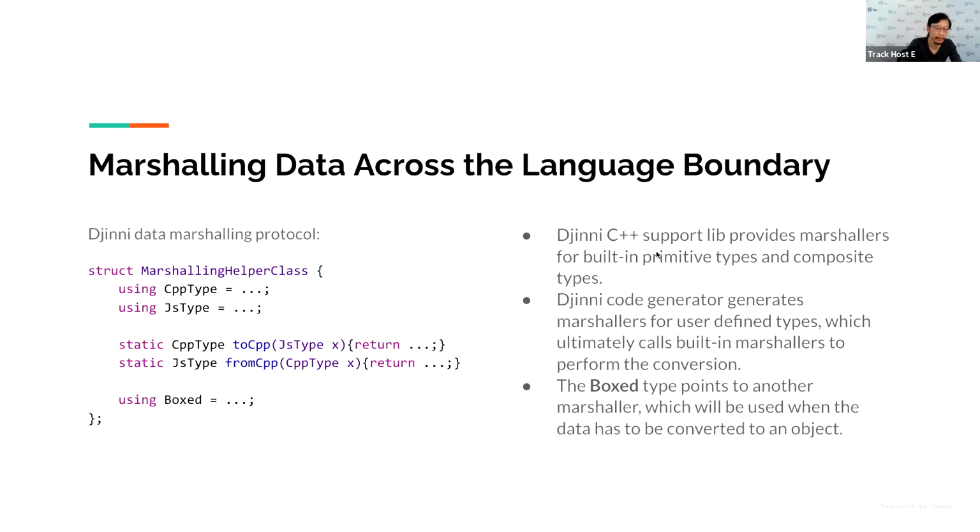It's generated in a recursive way, so if you have nested types, like one complex type containing another type, it will be marshaled in a recursive way. There is a special thing, the box type, that is used to manage the boxing of some types, because we can't have integers directly as value objects in containers. They have to be boxed as objects. So we can redirect this type to another type, so that they can be stored in containers.